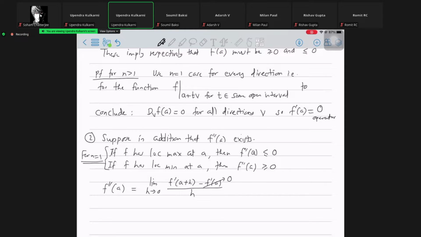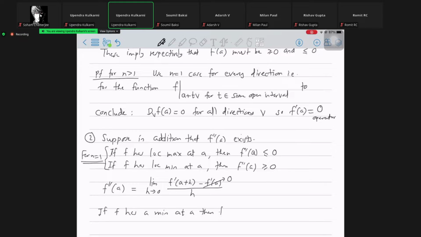So the fact that, let's say I have a maximum, or let's say minimum, because that's what I used before. If f has a minimum at a, then what do I know?